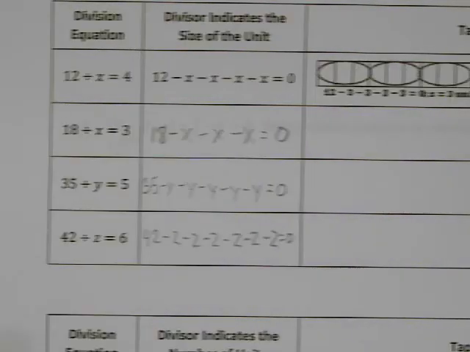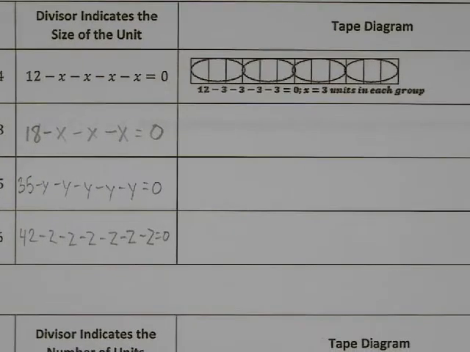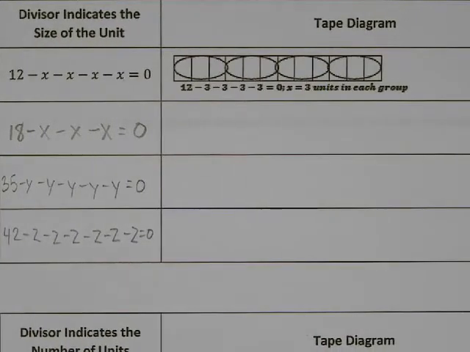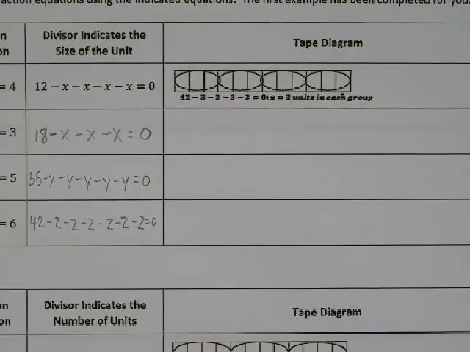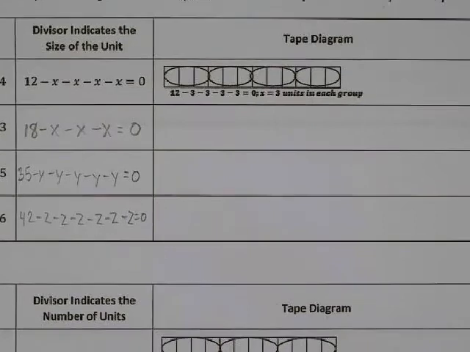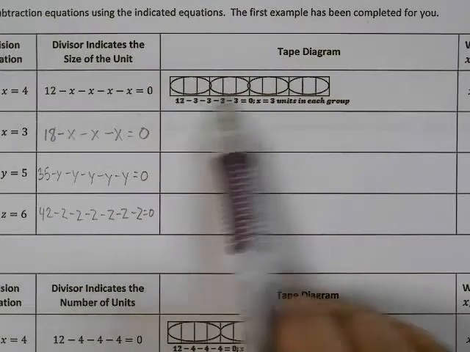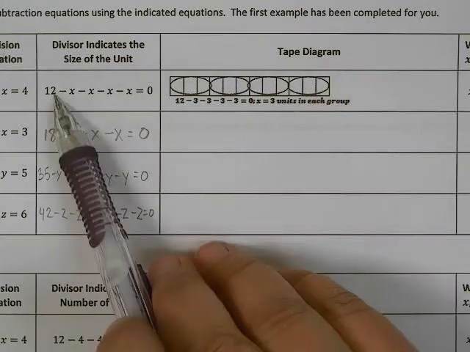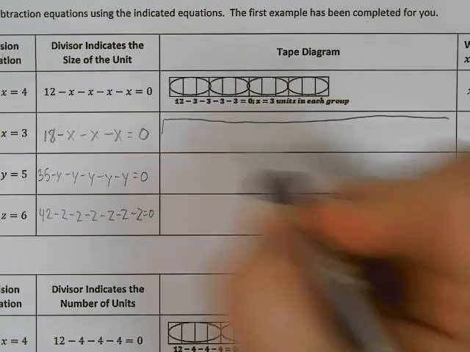Now we're going to take a look at the next 2 columns that they have prepared for us. Let me adjust the screen so that you can see the entire column. This time it appears they made a tape diagram of the beginning number. So we're going to make a tape diagram.